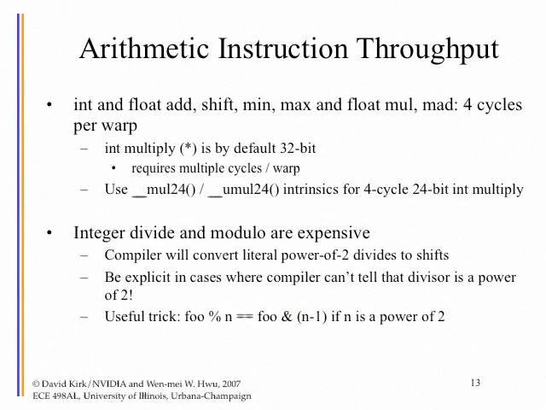And you can use the __mul24 or __umul24 intrinsics for basically a 4-cycle 24-bit integer multiply. If you know your integer number is definitely less than or equal to 24 bits in the representation, you should just use the intrinsic function, which will translate into a single multiply or add instruction.